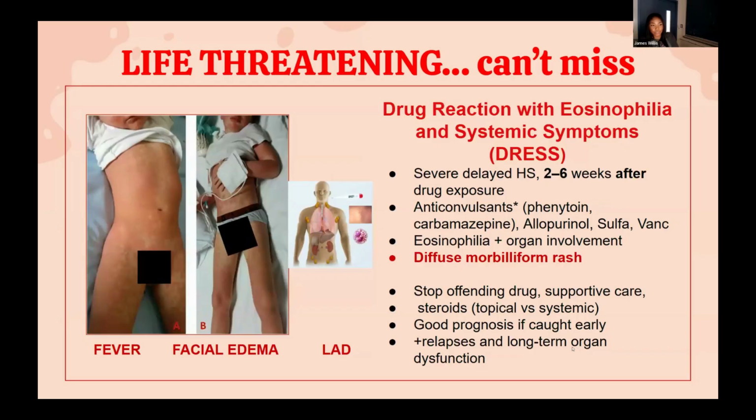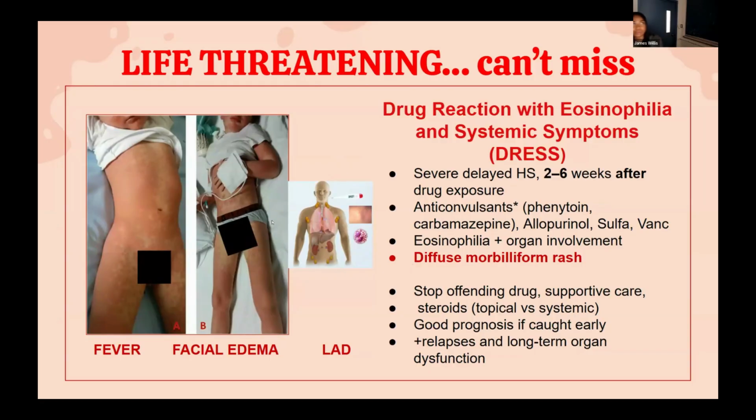All right, second to last one, and then we have one last one. DRESS, drug reaction with eosinophilia and systemic symptoms. This one I have actually never seen in residency or in fellowship, but it's a severe delayed hypersensitivity reaction that happens 2 to 6 weeks after drug exposure.